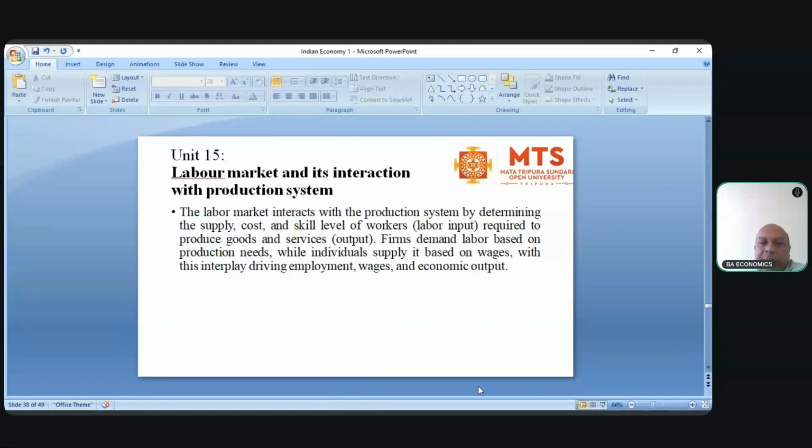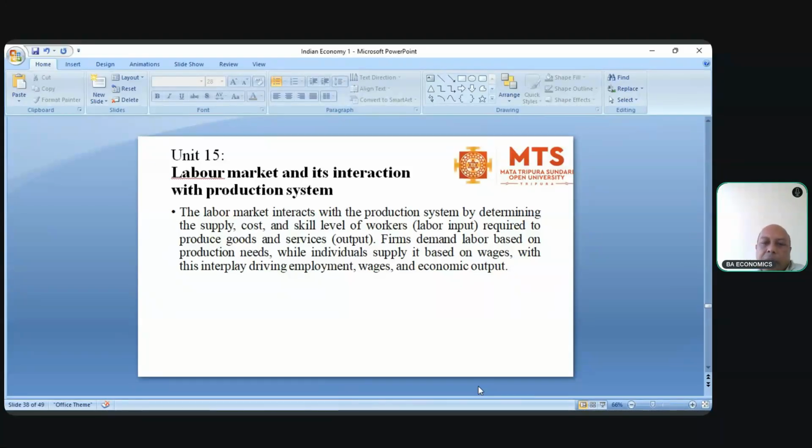And in the labor market, we can classify it in two ways. One is the supply side of the labor market, and the second one is the demand side of the labor market. Firms demand labor based on production needs. It means when production increases, then the demand for workers will also increase.